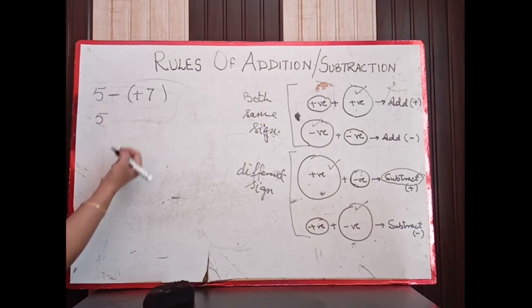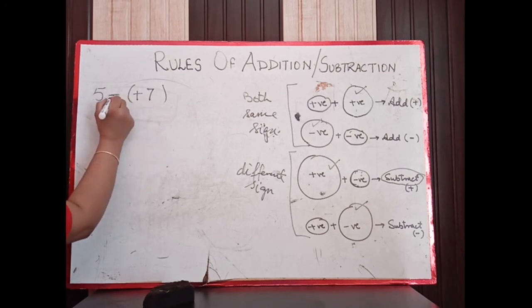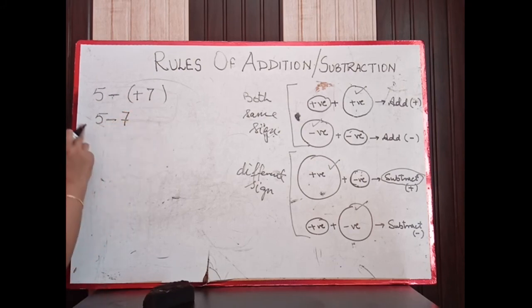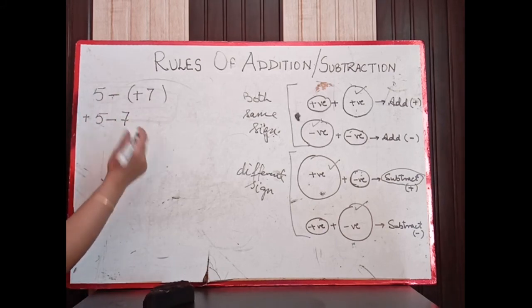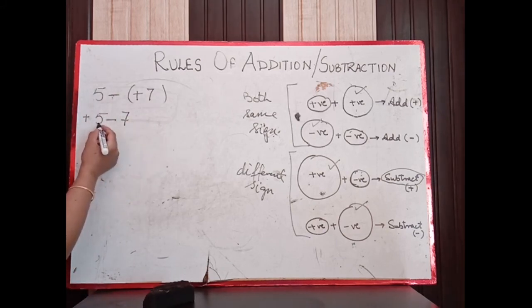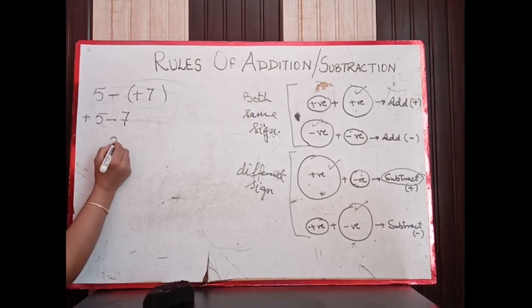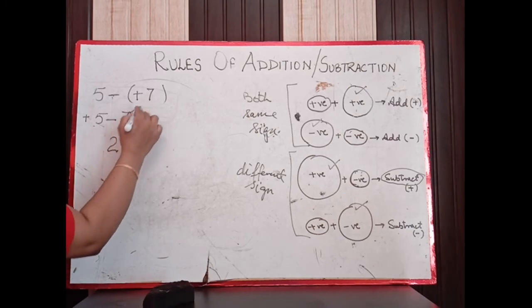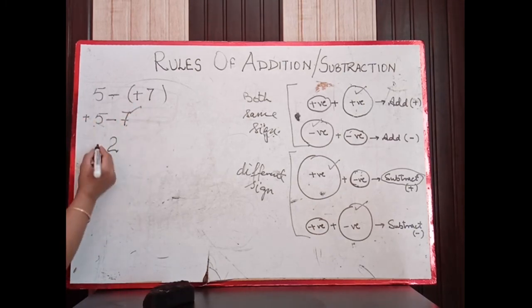So minus multiplied by plus, we get minus 7. Again, we know this is positive, this is negative, both are of different sign. We will subtract. So 7 and 5, when both of these are subtracted, we will get 2. Again, the same rule. 5 is greater or 7? 7 is greater. 7 has minus sign, so the answer will have minus sign.